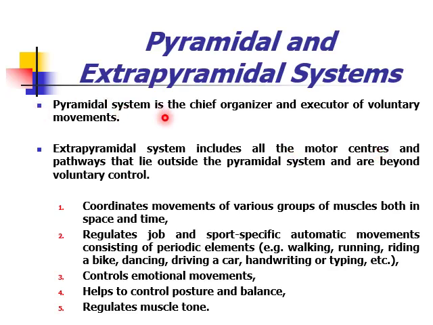The pyramidal system originates from higher cortical centers, but I've got other motor centers regulating the initial impulse coming from the higher cortical ones. These centers and pathways lie outside the pyramidal system and beyond voluntary control. I cannot control it on my own. This extrapyramidal system coordinates movements of various groups of muscles both in space and time.